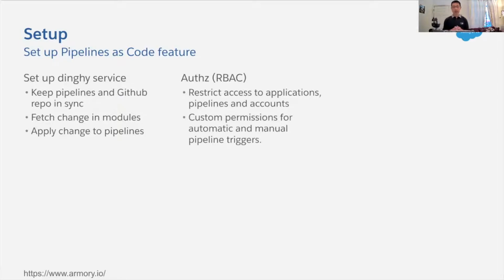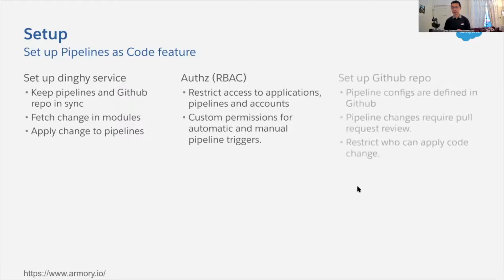We need to be able to customize permissions for automatic and manual pipeline triggers. And of course, we need to prepare the GitHub repo. In our use case, this is a mono repo. We store the pipeline configurations. We enable pull request review and restrict who can apply the code change.